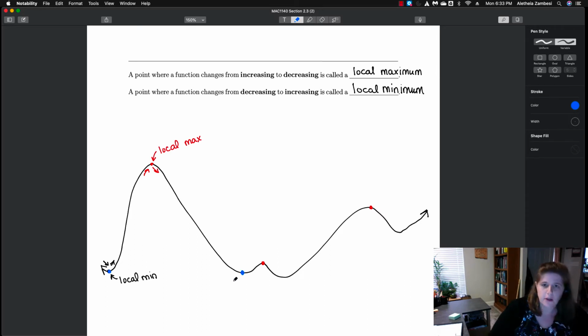We have another turning point here, one here, and one here as well. So these two here, local min, also here, and the red is the max.